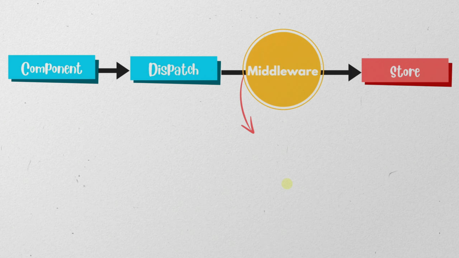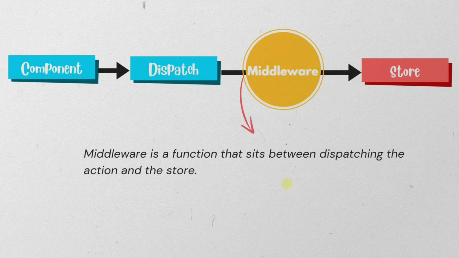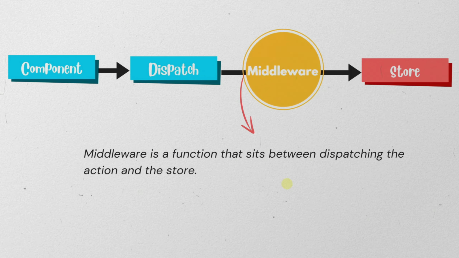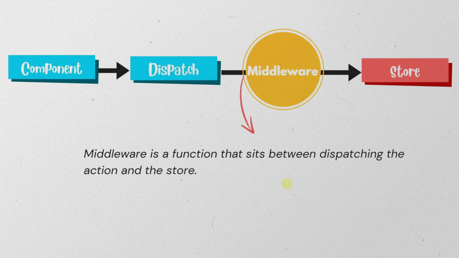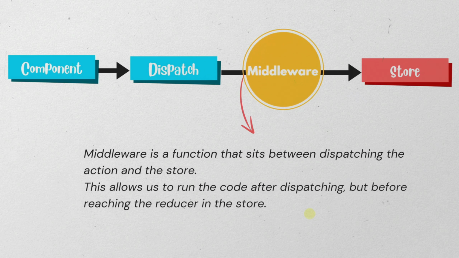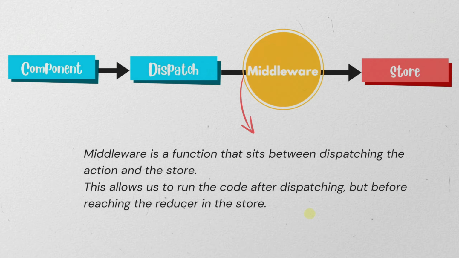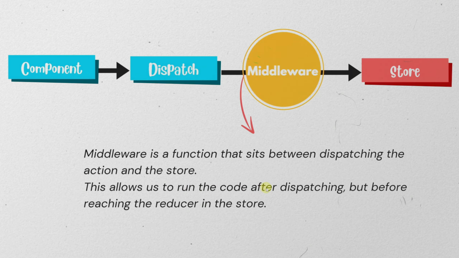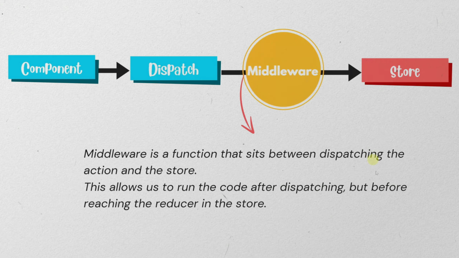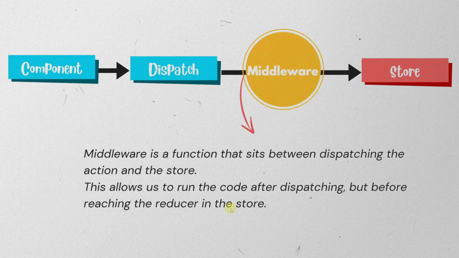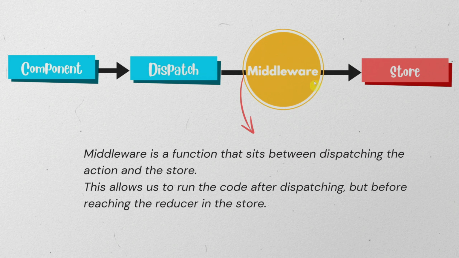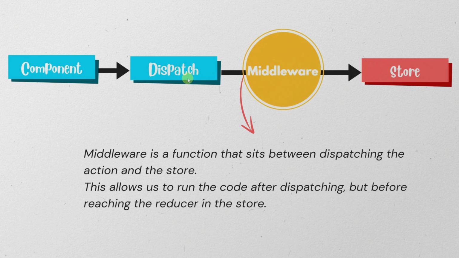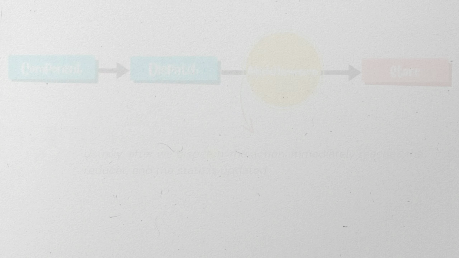In Redux, middleware is nothing but a function that sits between dispatching the action and the store. In simple terms, it provides a third-party extension which allows us to run code after dispatching but before reaching the reducer in the store. So middleware sits between dispatching the action and the store.